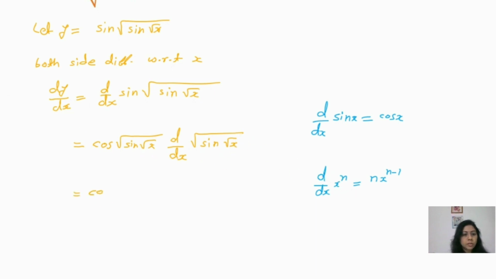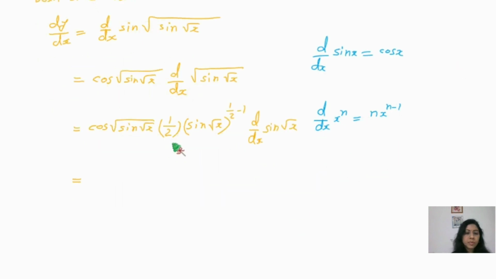We can write cos square root sine square root x, and here half power, so we can write half, and sine square root x to the power 1 upon 2 minus 1. And again we differentiate this inner part, the radicand. So d upon dx sine square root x. I'm doing step by step, but if you have any doubt, please ask me.